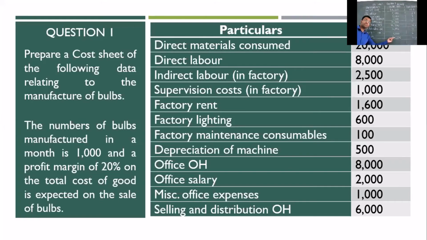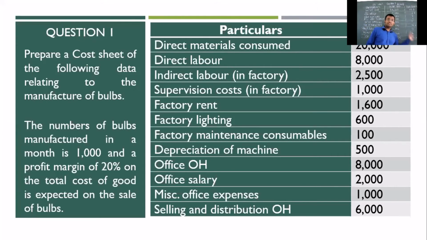Now, what is the significance of 51,300? 51,300 is the sum total of all the expenses you have incurred as a part of producing 1,000 units of your bulb.